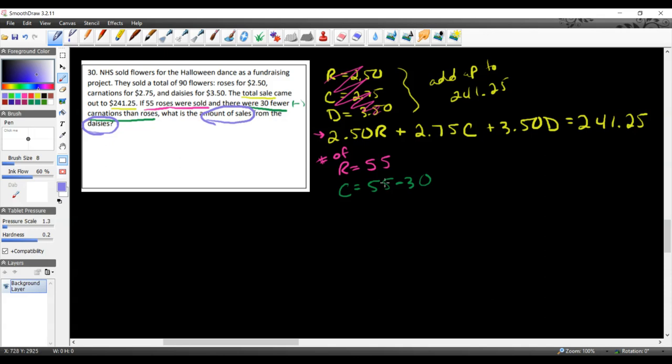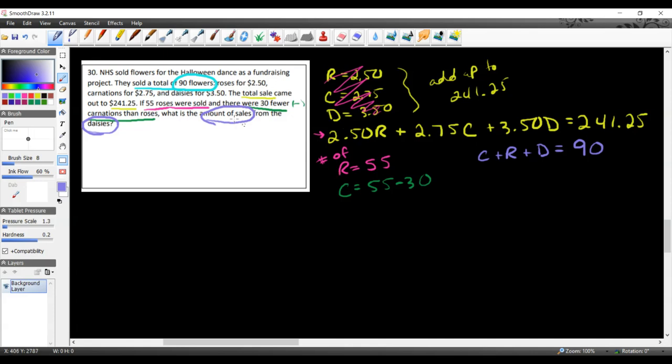Okay, well, in this case, it's kind of like what we did on Friday, but it's a little easier because we don't really have that many variables to work with. We know what R is, we know what C is, and we know that altogether, let's see, we skipped a part. Altogether, there were 90 flowers. So that means that these three, carnations plus roses plus daisies, they all have to add up to 90, okay?